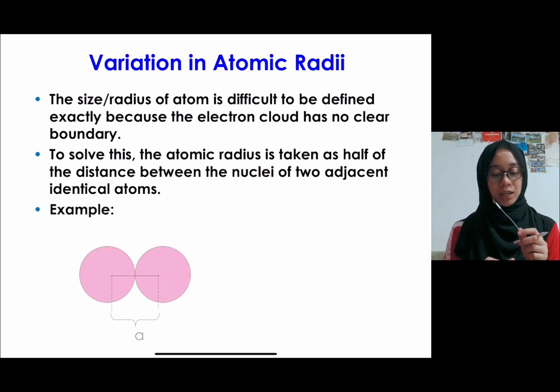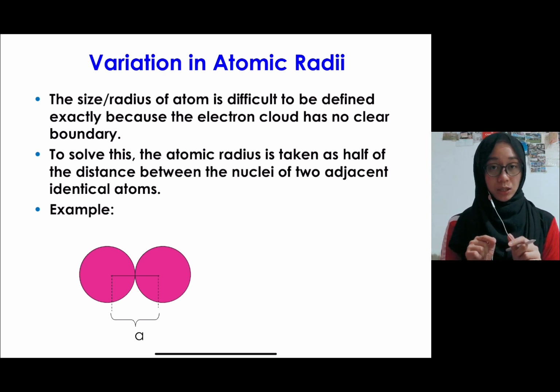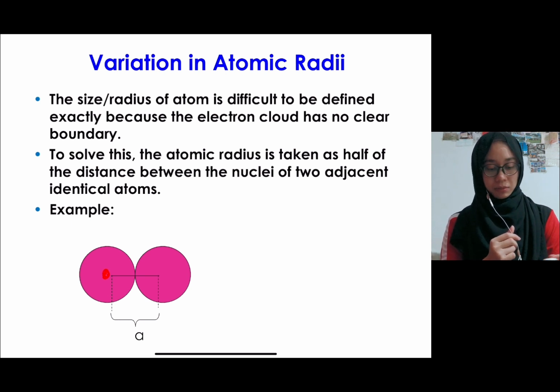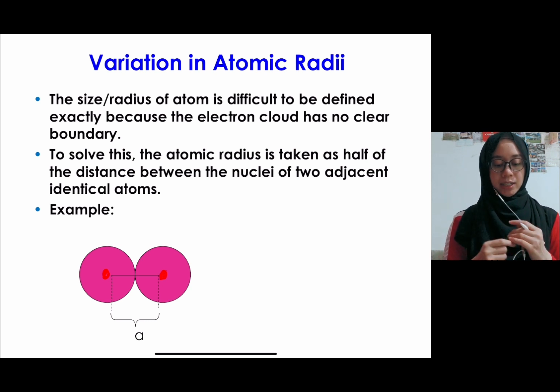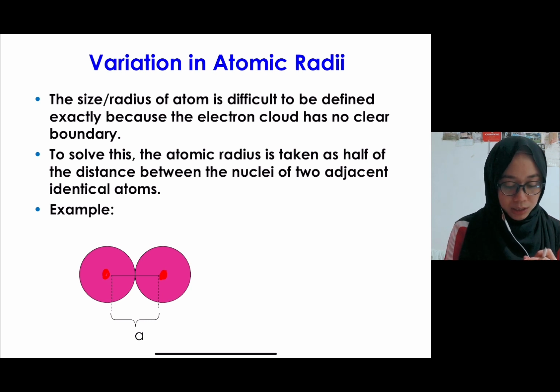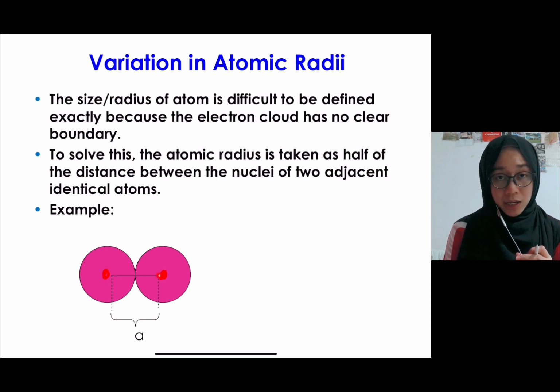So maksudnya dekat sini, for example, kita ada dua atom kat sini lah. So satu pink yang sebelah kiri, satu pink yang sebelah kanan tu kan. Jadi yang bahagian tengah-tengah kan dia punya nucleus atom. Okay, and then apa yang dia buat adalah dia cari berapa sebenarnya distance antara one nucleus, okay, to the other nucleus.